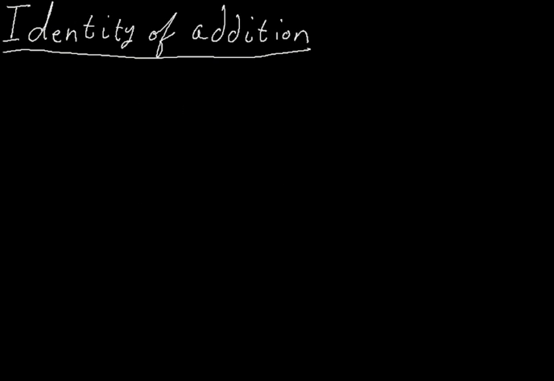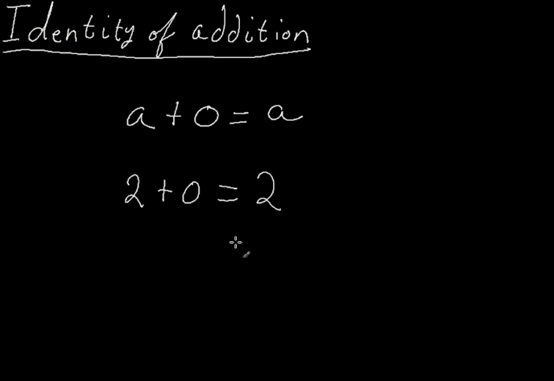All right. So the next thing is called the identity of addition. Okay, let's look at it. So any real number A plus the number 0 equals that original number. And again, I can pick on the number 2 for A, and we see that that's true. Well, what is this identity stuff? Identity is like the id, it's like the self, and so this is trying to say that something is maintaining its identity.